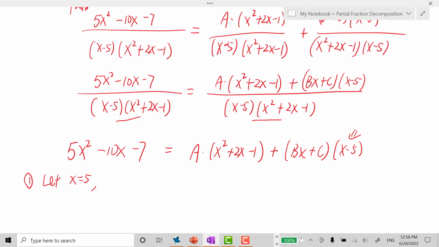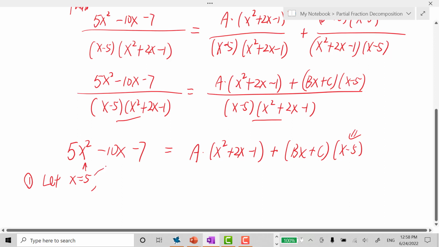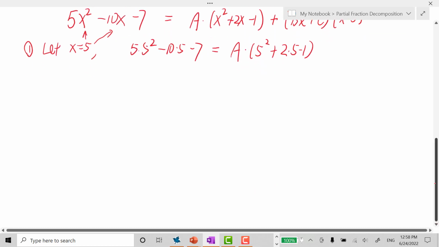So plug in the 5 here, and 5 for the rest of them. So 5 times 5 squared minus 10 times 5 minus 7. On the right hand side, we get a times 5 squared plus 2 times 5 minus 1. And this term, 5 minus 5, becomes 0, so 0 times c becomes 0.